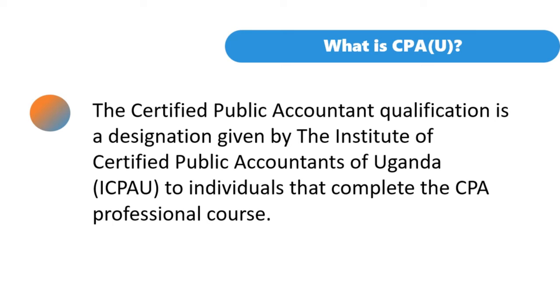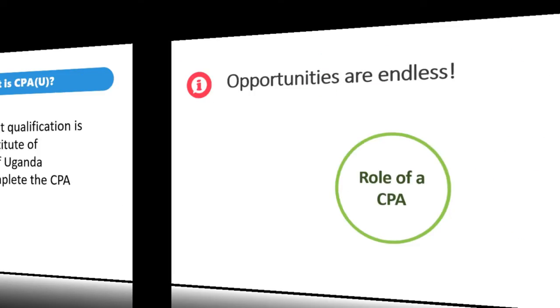The Institute is also mandated to regulate the conduct of accountants and the practicing accountants, those that have decided to practice accounting in Uganda as a business. So the Institute is the mandated body. It's a government body, and it was established by the Accountants Act of 2013 to discharge the roles I have talked about.